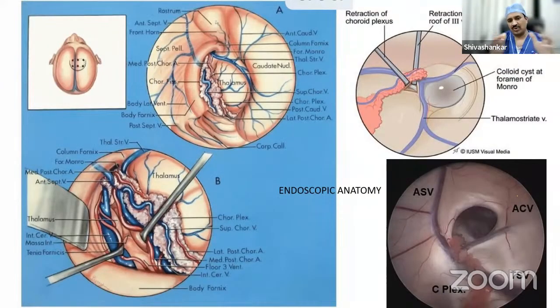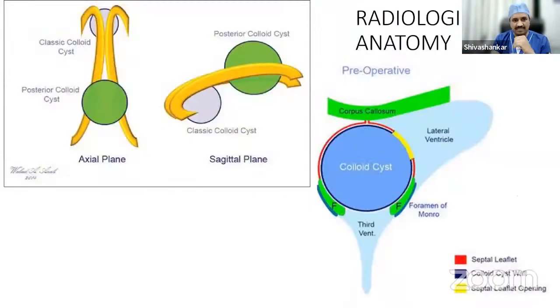We should also know the endoscopic anatomy, and how things look when we put in the endoscope. Mainly these veins guide us to the foramen of Monro and the choroid plexus, which takes us to the foramen. And when the colloid cyst is in the region of Monro, we should be able to understand how the anatomy has altered.